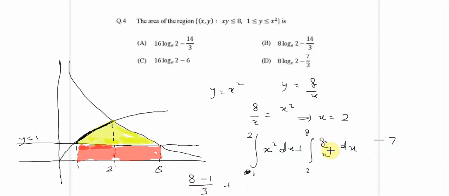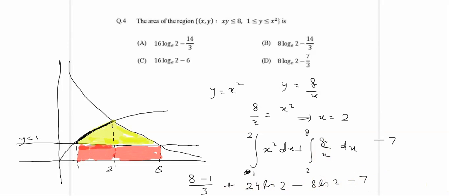This one, if you integrate, it's 8 times natural log of x. Putting values of 8 and 2, you get 8 ln 8, and ln 8 is 3 times ln 2, so that is 24 ln 2 minus 8 ln 2 minus 7.